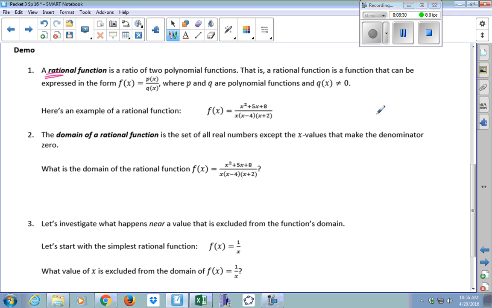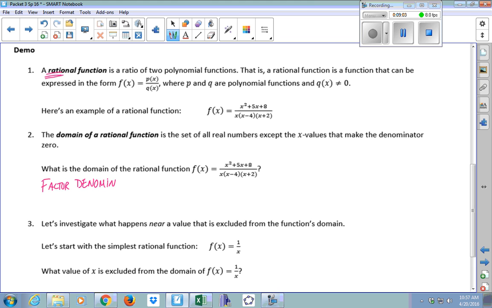So the domain of a rational function. With polynomial functions, we didn't have any concerns because polynomial functions had all real numbers. We never had to be concerned about the domain. But now that we have a division problem, we have to worry about the big bad 0 being in the denominator. So when you're trying to find the domain for a rational function, the first thing you have to do is make sure you factor your denominator.